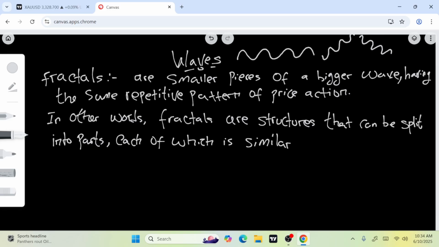Don't forget we said fractals can be split into parts. So those parts being split, each of those split parts has a what? Similar copy of the whole.